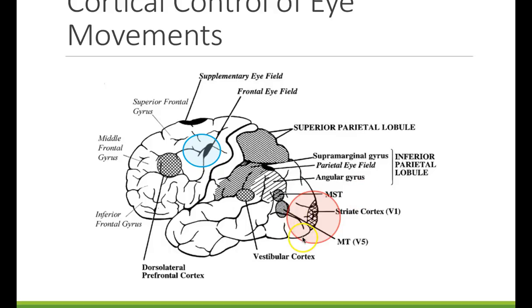Whereas the area for smooth pursuit is in the occipital lobe, and this is involuntary, mediated by the striate cortex, where the occipital lobes are just trying to keep an object in the central gaze.